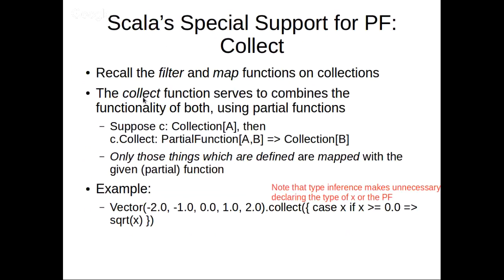The collect method, conceptually, you can crudely think about it. Maybe it's not so crude, actually. It's not a bad approximation as giving you what a combination of filter and map would give you. It's kind of like, in a single function call, being able to both filter the input to just those things for which your function is defined, and then map using that function.